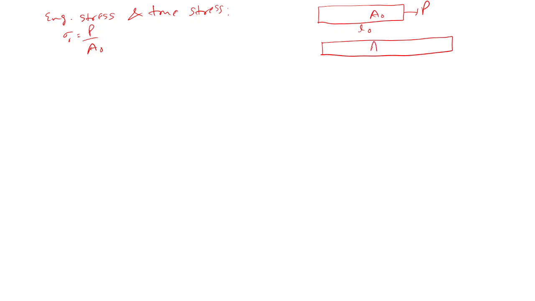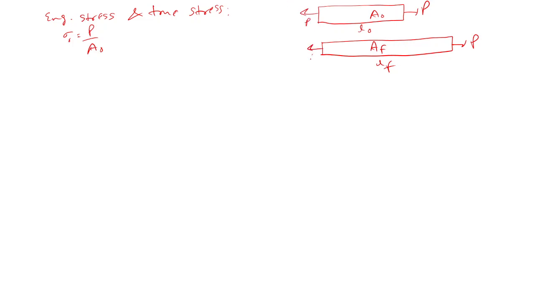In engineering stress, you are saying sigma naught, it would be P by A naught. Let's suppose this is our initial length L naught, P we applied, and its area is A naught, and after the application of load it became like this: A F, L F, and P, right?